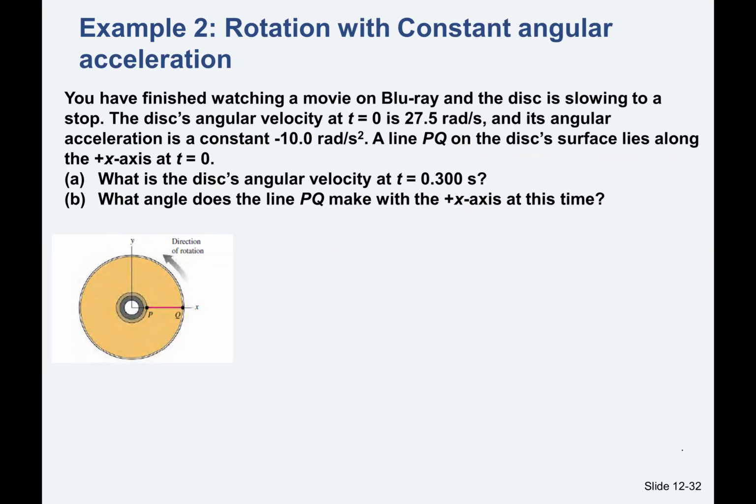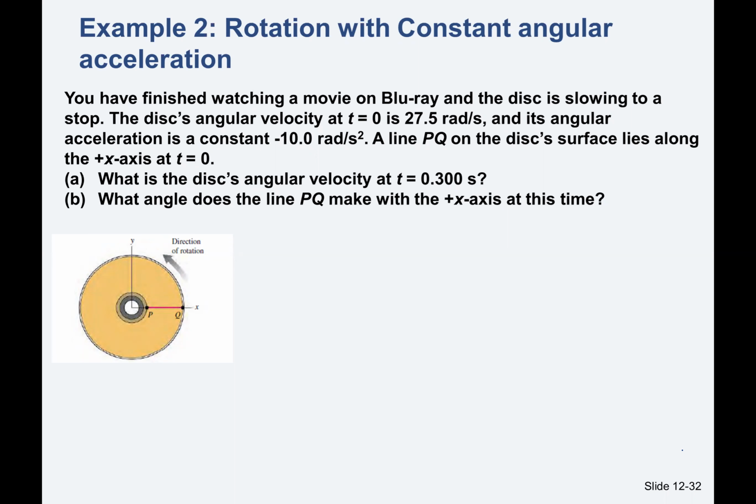You have finished watching a movie on a Blu-ray and the disc is slowing to stop. The disc's angular velocity at t equals 0 is 27.5 radians per second, and its angular acceleration is a constant -10 radians per second squared. A line PQ on the disc surface lies along the positive x-axis at t equals 0.